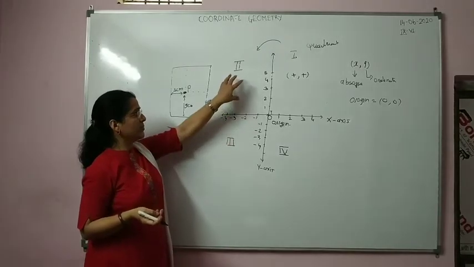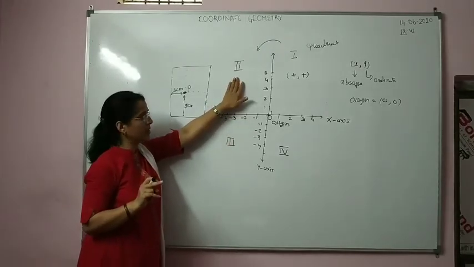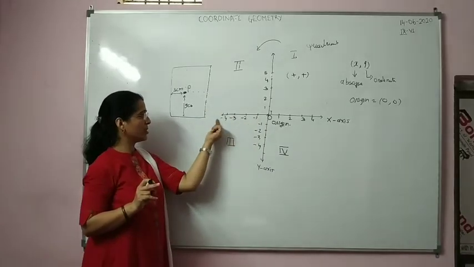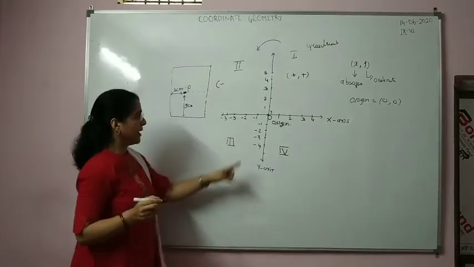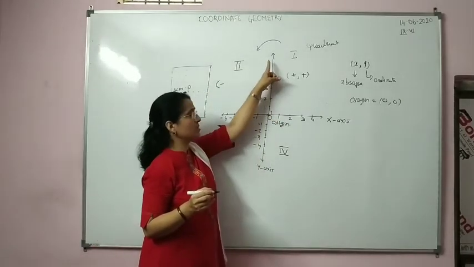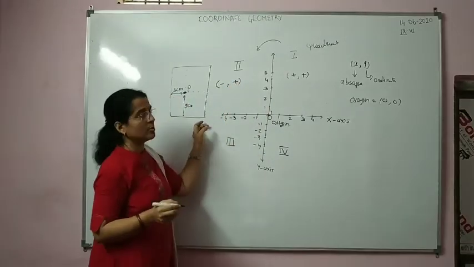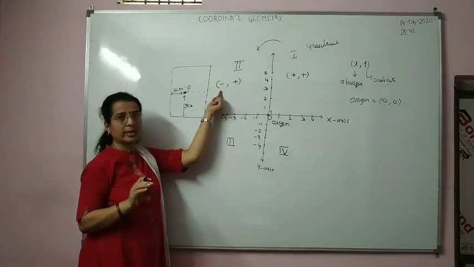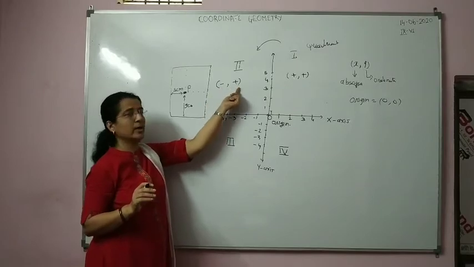If you locate any point in the second quadrant, first we see the x coordinate and then the y coordinate. This is the negative direction of the x-axis, so the x coordinate is negative, and this is the positive direction of the y-axis, so the y coordinate is positive. We write the point in round brackets, also called an ordered pair, where the first is the x coordinate and the second is the y coordinate.